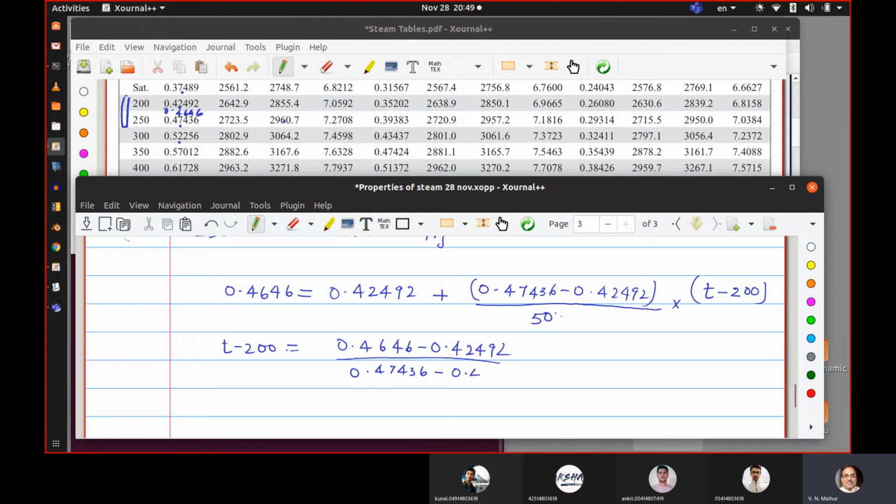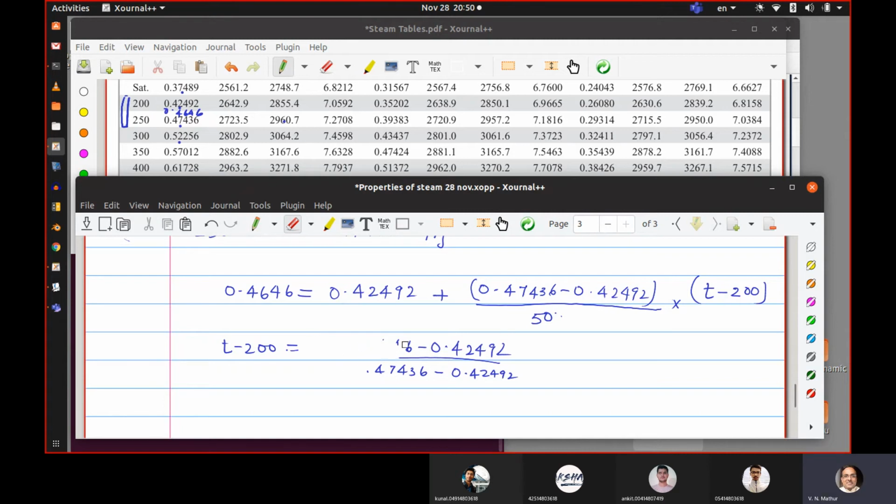In fact, we should avoid numbers after three significant figures. We could have written it 0.465 minus 0.425. I think we should use this.